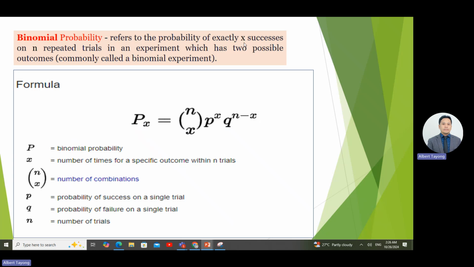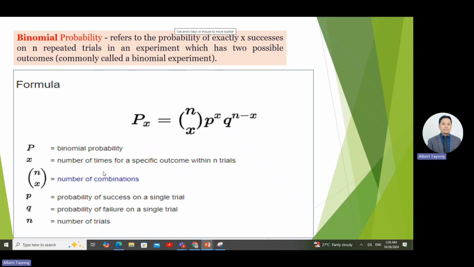We're going to discuss what x and n are later, using an example in an experiment which has two possible outcomes. So we are dealing with a binomial experiment here. The formula is P of x is equal to n choose x times p raised to the power of x times q raised to the power of n minus x.